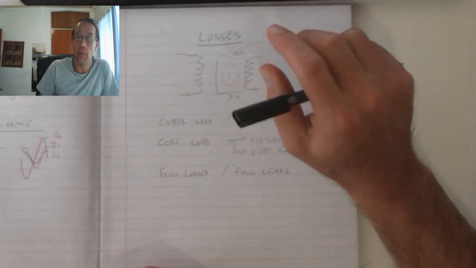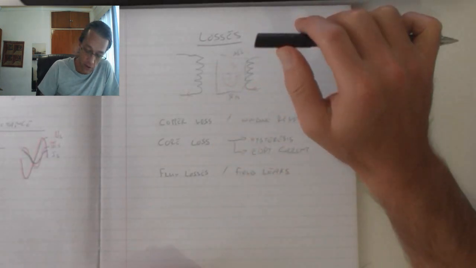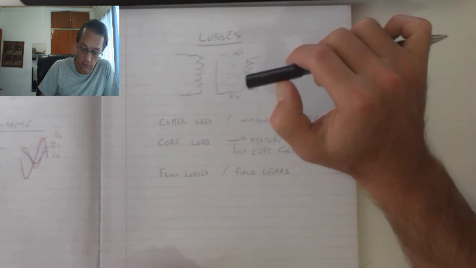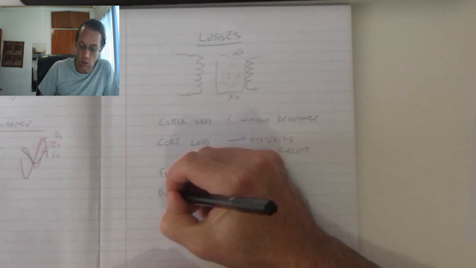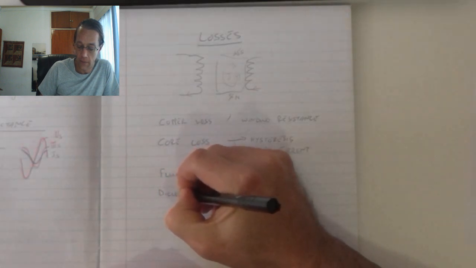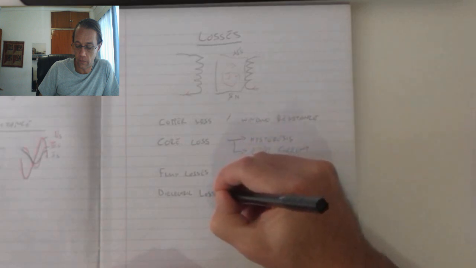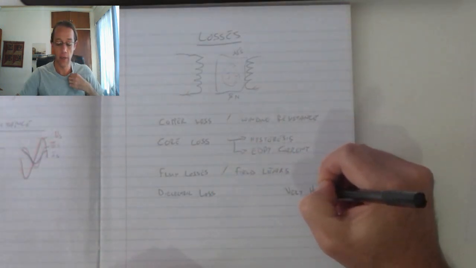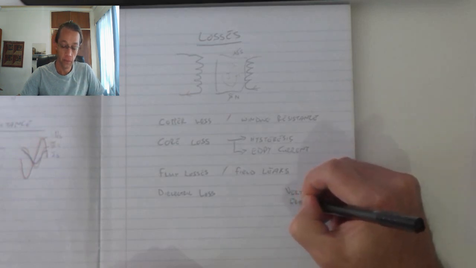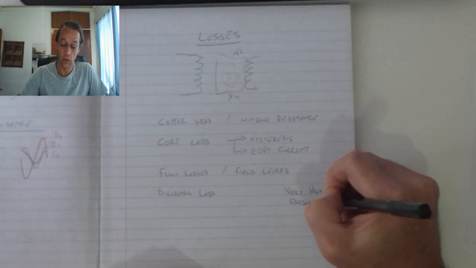Next, this one is actually very uncommon in a normal transformer, and this is called winding capacitance or dielectric losses. Dielectric losses only occur at very high frequency.